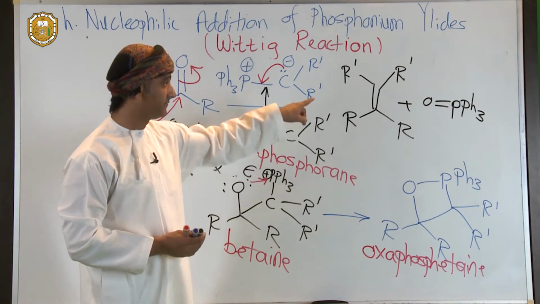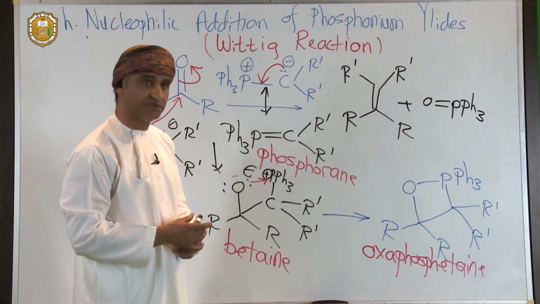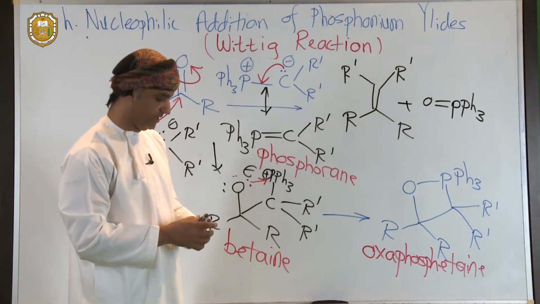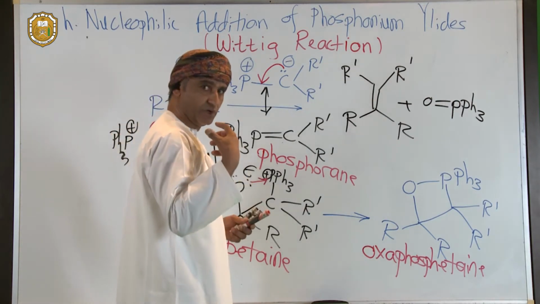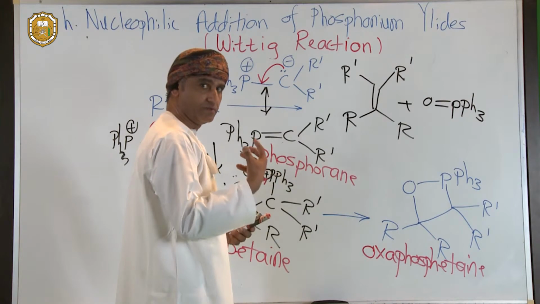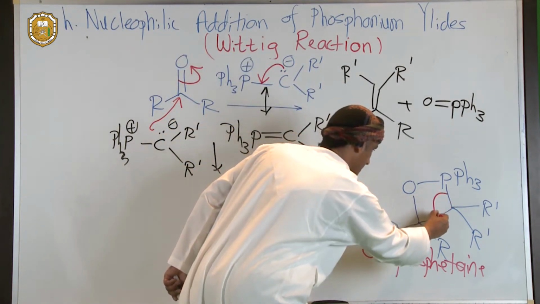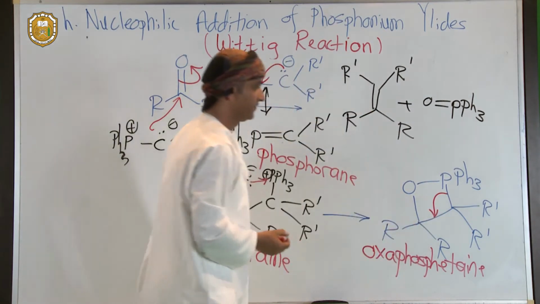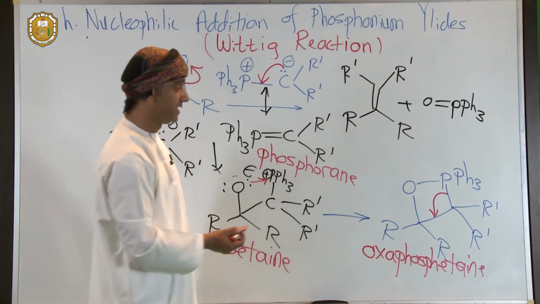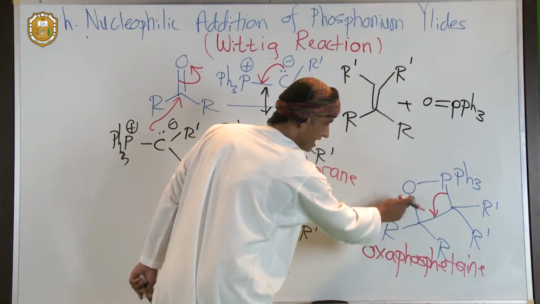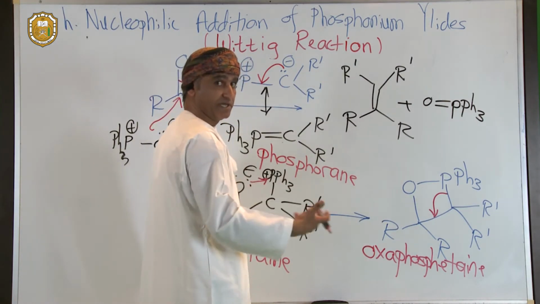Now this oxaphosphetane will collapse to give the final alkene and triphenylphosphine oxide product. We can indicate the electron movement which shows how the product is formed by using curly arrows. You break that phosphorus-carbon bond, so you take the arrow from the middle of that phosphorus-carbon bond and make a double bond here. This carbon-oxygen bond must break simultaneously because carbon cannot exceed the octet.